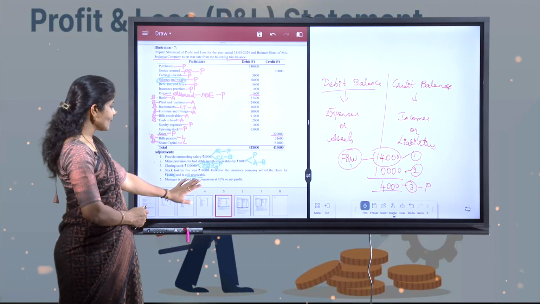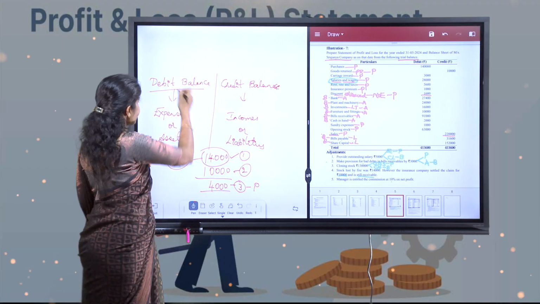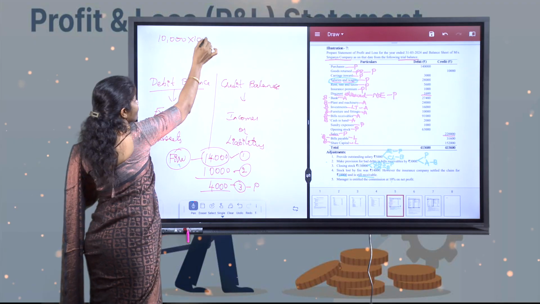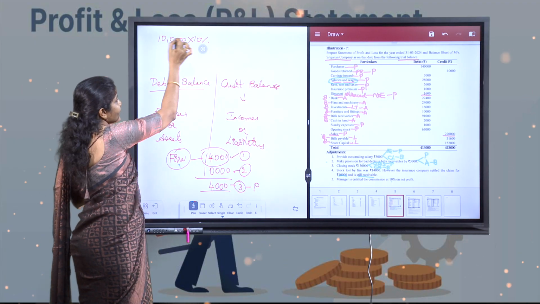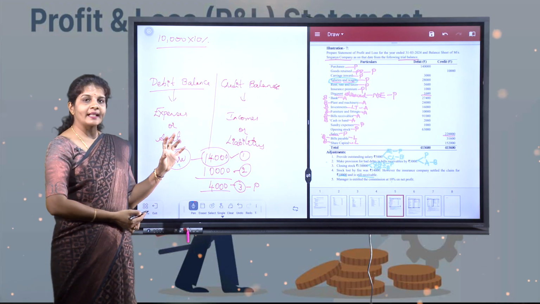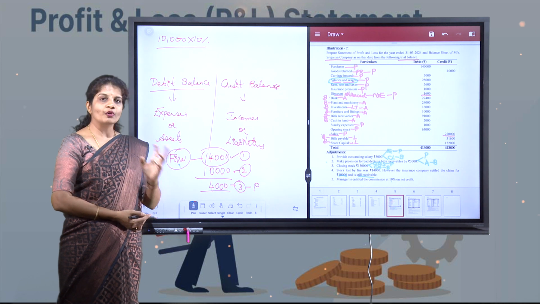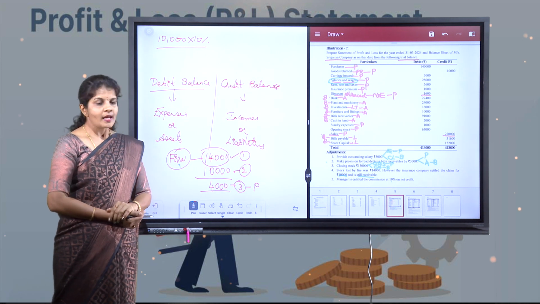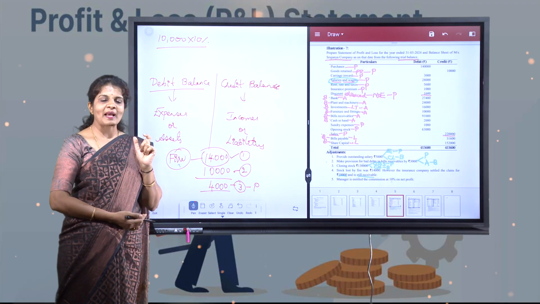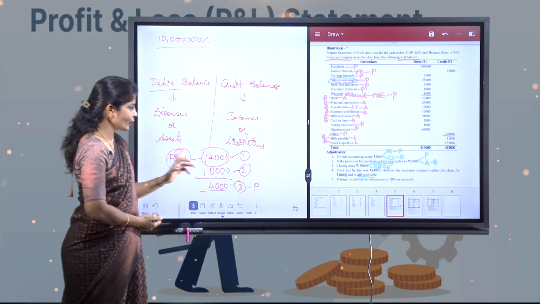But in this problem, after calculation of net profit, for example, look here, there is 10,000 rupees of net profit, so on this 10,000 rupees, 10% will be calculated as the manager's commission, and that will be deducted from the net profit to know the actual net profit. Like this we have to calculate if they give the manager's commission on the net profit. Now you have understood this much.